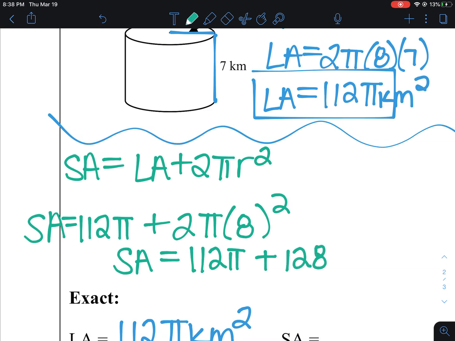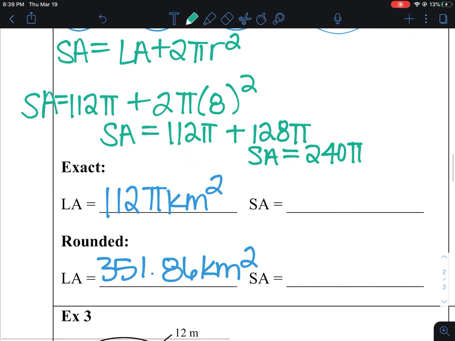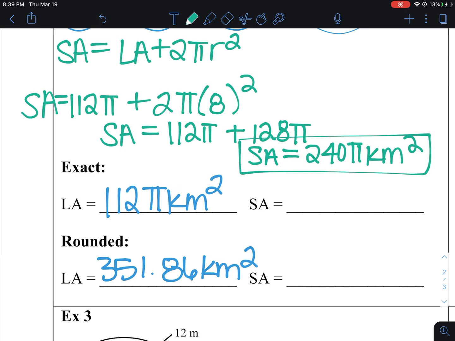So this whole thing would be 128 pi. When you add these together, remember those pi's act like like terms. It's almost like it says 112x plus 128x. It doesn't say that, but you can combine them in that same way. So 112 plus 128 is 240. So you're 240 pi, and that's kilometers squared.